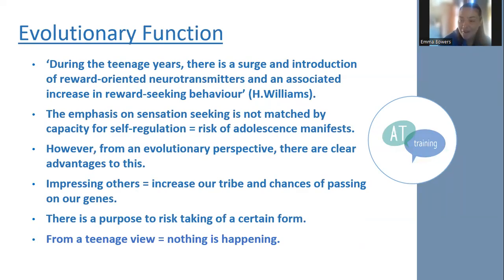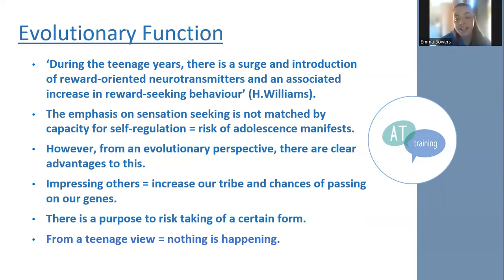This may not be so nice for us all to think about as the adults in the room, but there is an evolutionary function to some risk taking. This is Hugh Williams again, the Repairing Shattered Lives report. During the teenage years, there's a surge and introduction of reward-orientated neurotransmitters and an associated increase in reward-seeking behaviour.